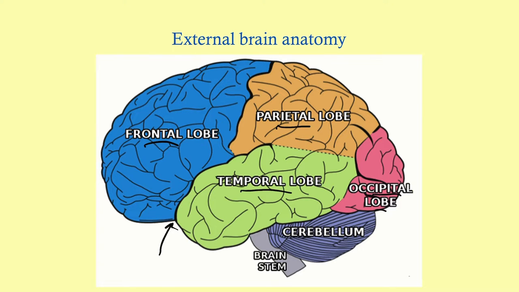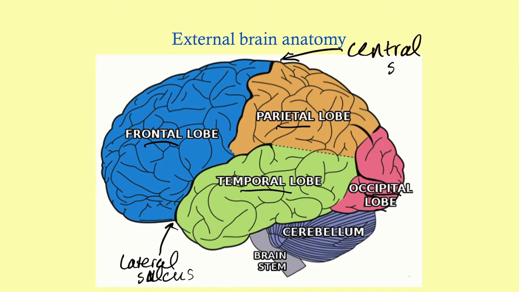And I apologize, I don't have any other color than black. But this here that divides the frontal and temporal lobe is called the lateral sulcus. All right, now what separates the frontal lobe from the parietal lobe is called the central sulcus.